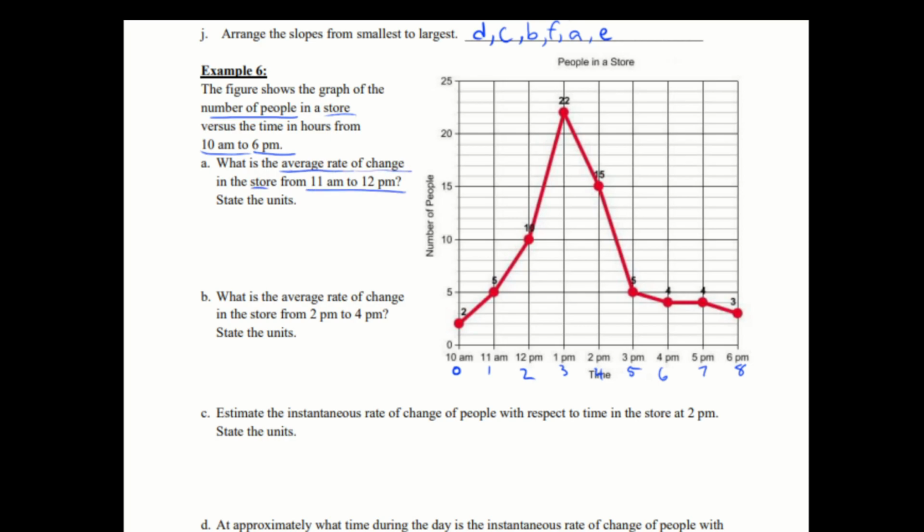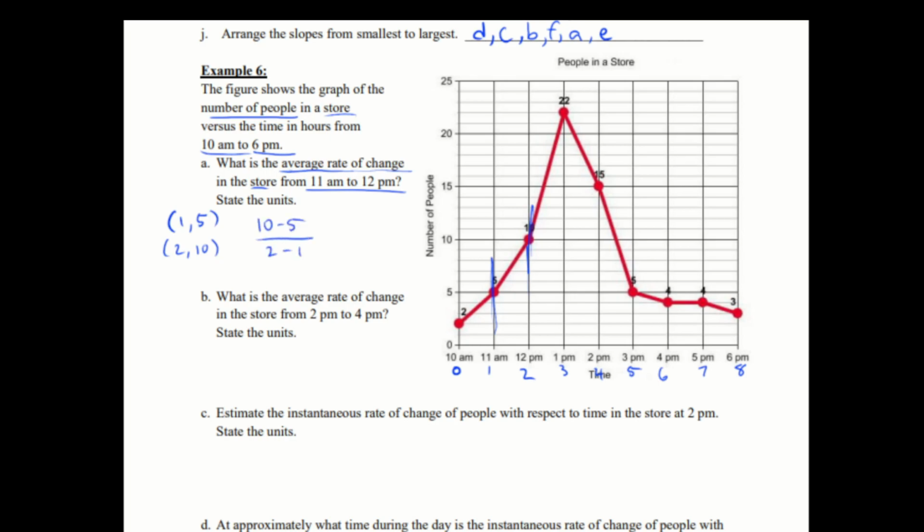Right, and then what is the average rate of change in the store from 11 a.m. to 12 p.m., right? It's not our instantaneous. It's the average between 11 a.m., which is our one value, and 12 p.m., which is our second value. So we're just going to use y2 minus y1 over x2 minus x1. Our two coordinates are (1, 5) and (2, 10).